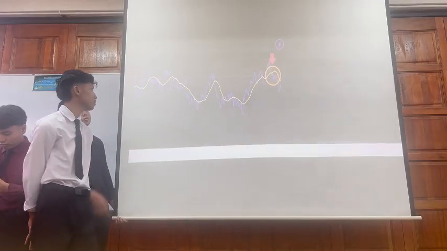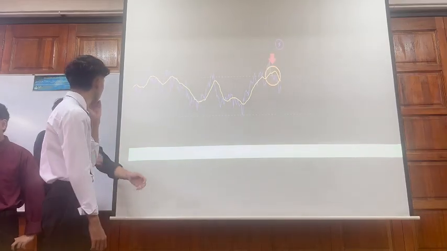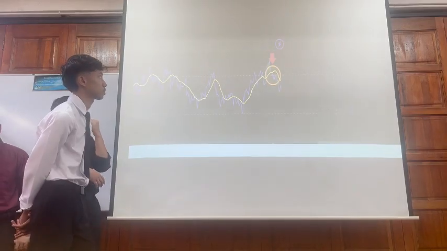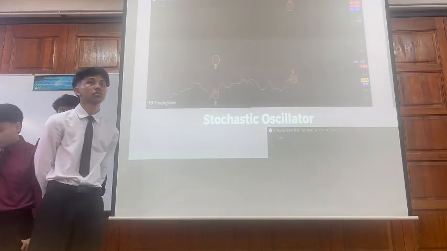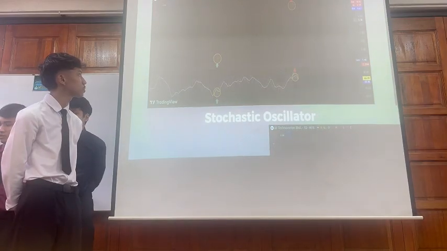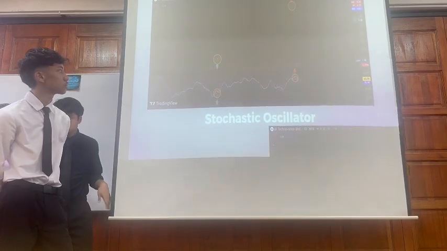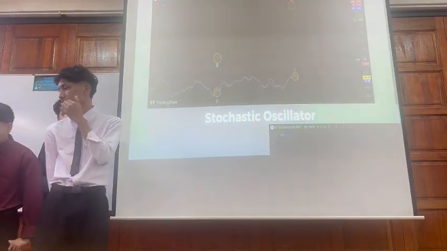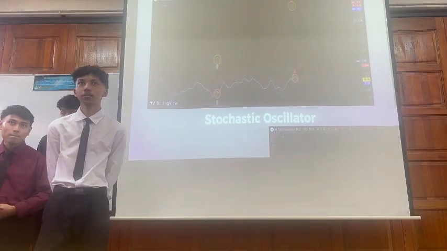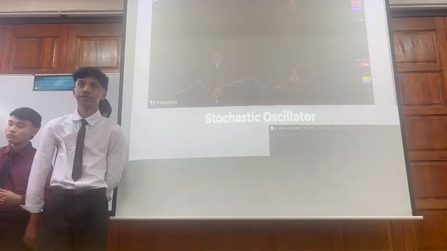Between K and D. Yang pertama sekali you need to look the cross between these two. Pada saya, ini adalah cross between two.